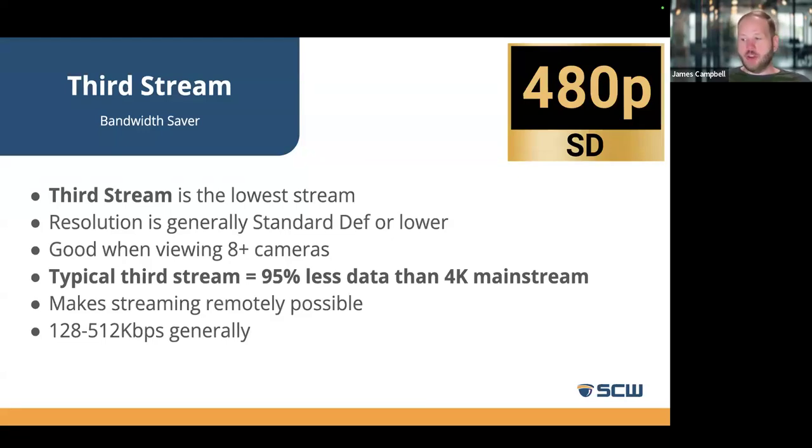It typically uses anywhere from as low as 128 kilobits per second all the way up to 512 kilobits per second, which is half a megabit, which again is 95% less data than what we would typically use for a 4K camera.